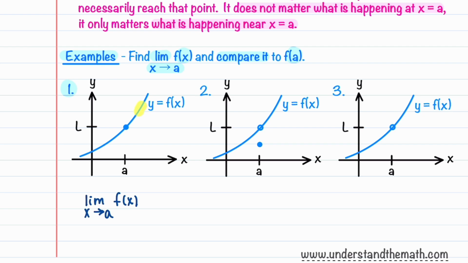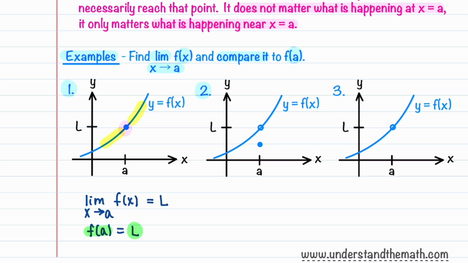If we go from the right and from the left, we can see that our function value is going to equal L. So we say that our limit is equal to L. Now let's look at what f of a is. Because we have a closed circle right here, we can say that f of a is equal to L. So in our first example, the function value at a and the limit at a are the same thing.